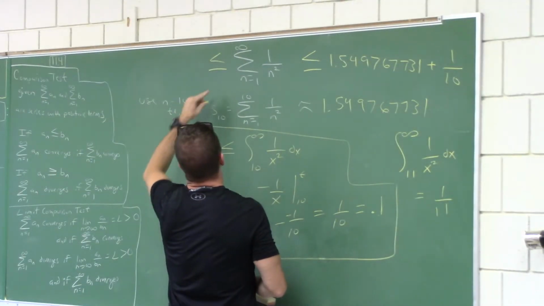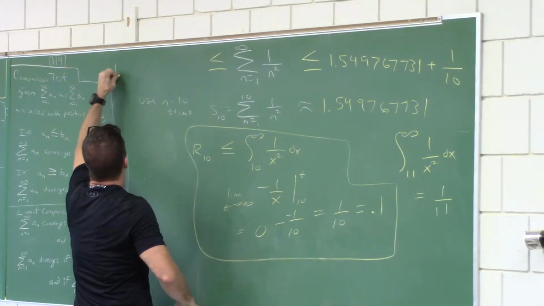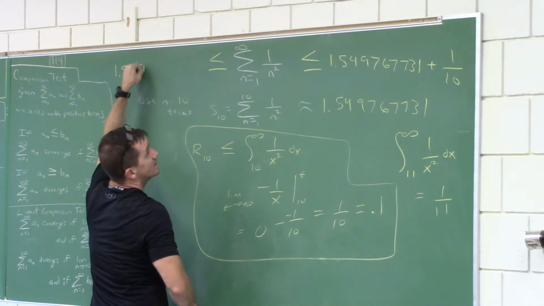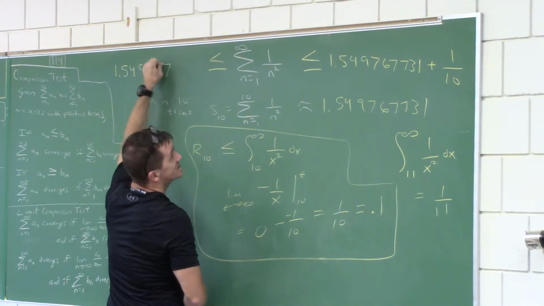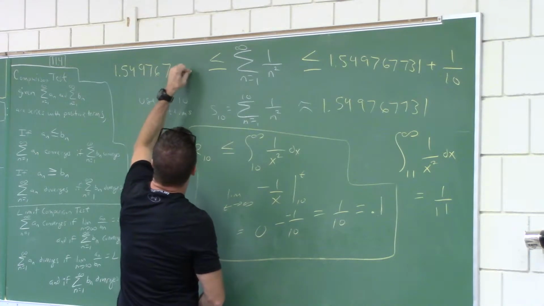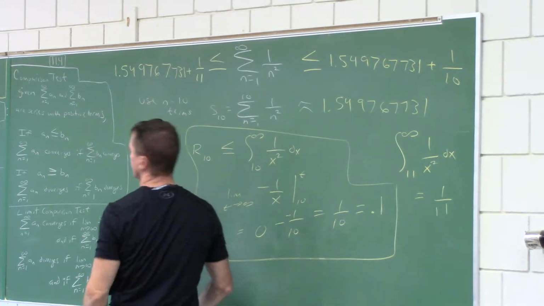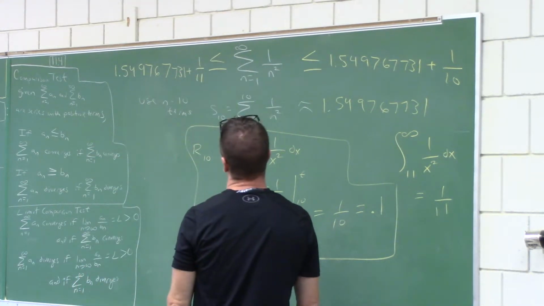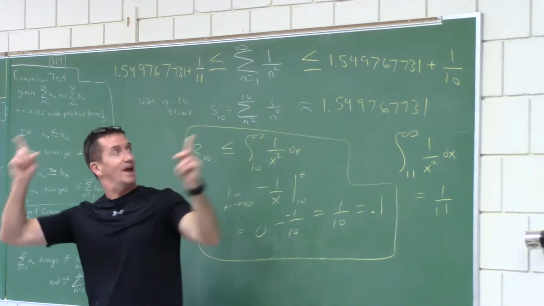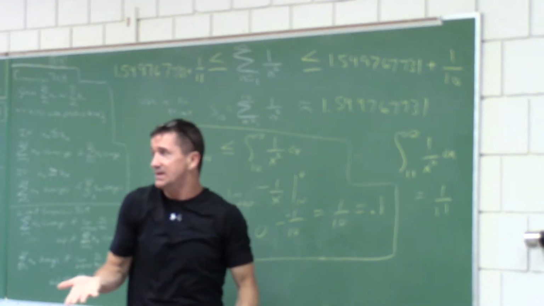And the lower bound, I'm going to use the same number, 1.549767731 plus 1 over 11. This is what I know, just by looking at 10 terms. I know that it has to be in between these. And I only did 10 terms.